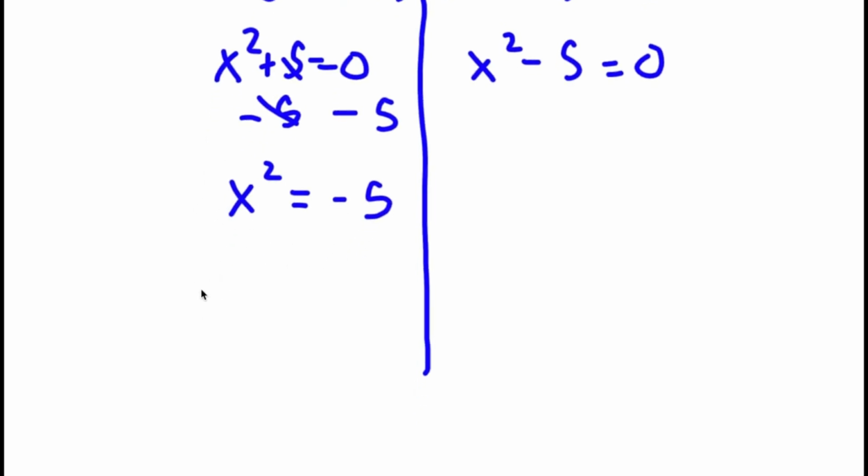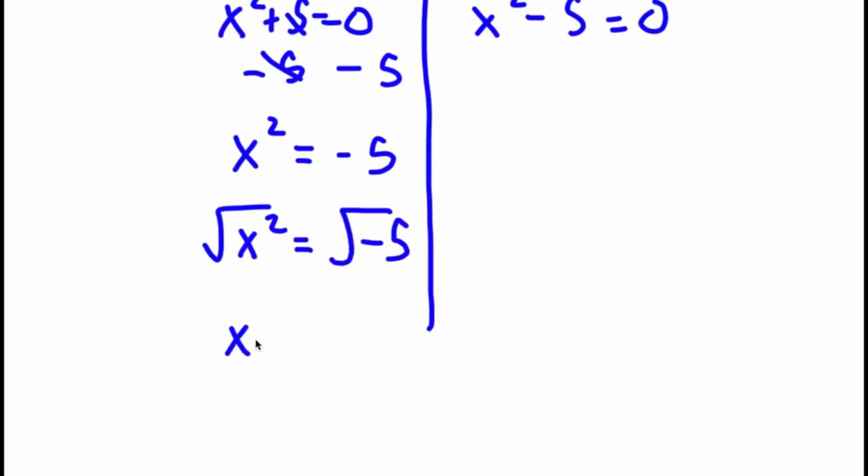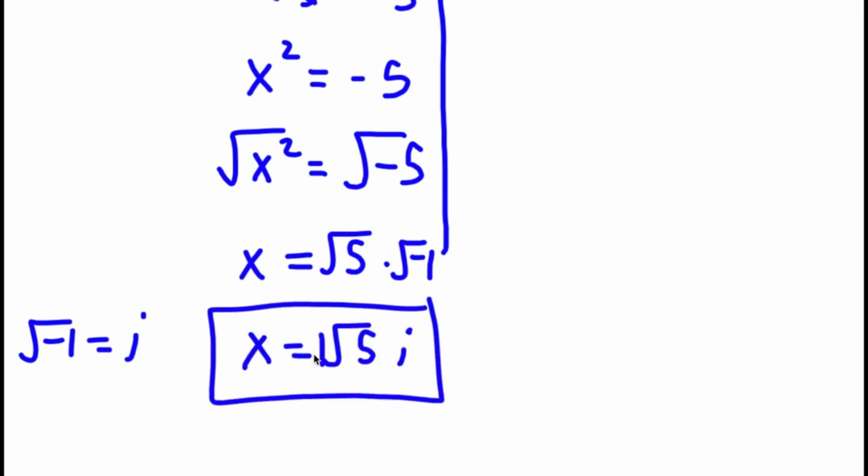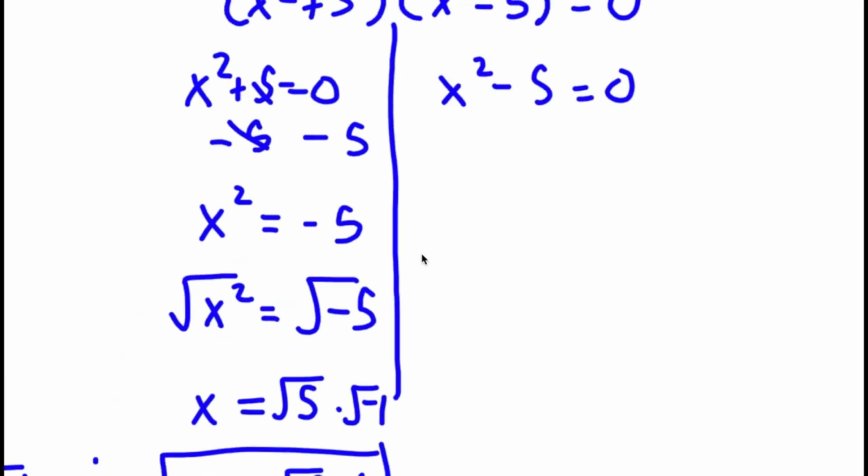Now, I'm going to take the square root on both sides. Square root of x squared is x, and the square root of negative 5, that's going to be the square root of 5 times the square root of negative 1. Now the square root of negative 1 is equal to the imaginary number i. So now if I replace the square root of negative 1 with i, I get x is equal to the square root of 5i. So this is my answer. And this is actually positive or negative square root of 5i. So these are two solutions.